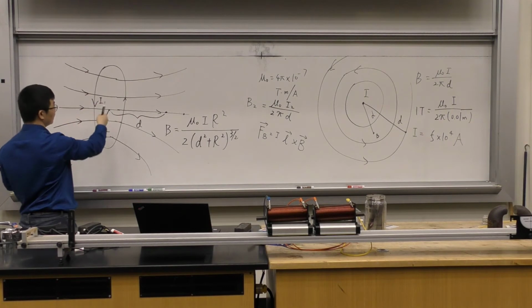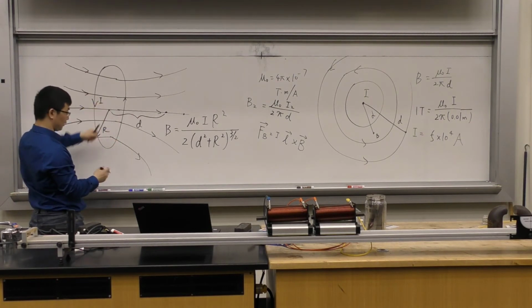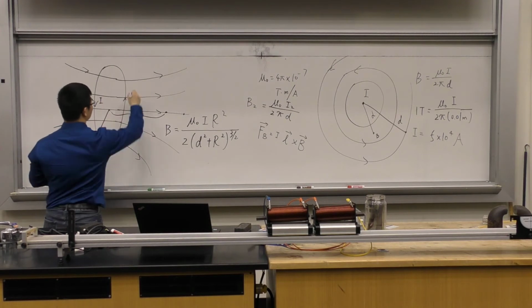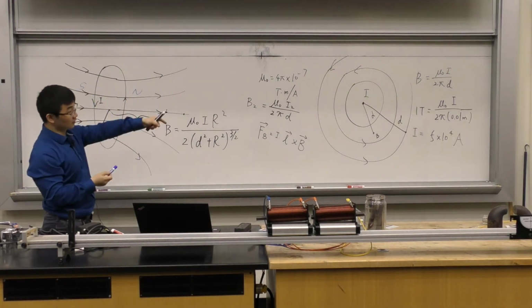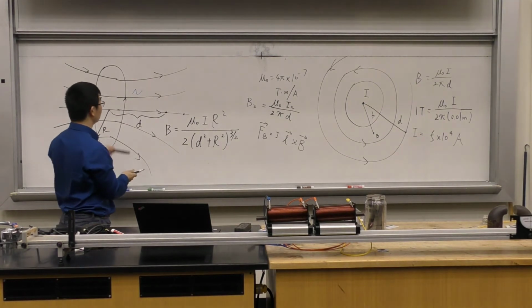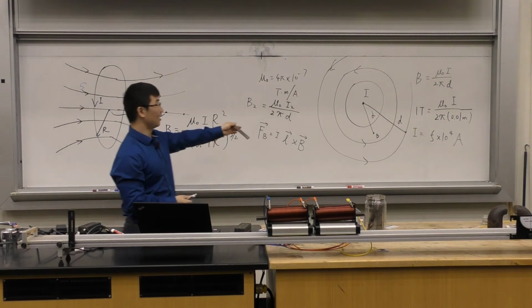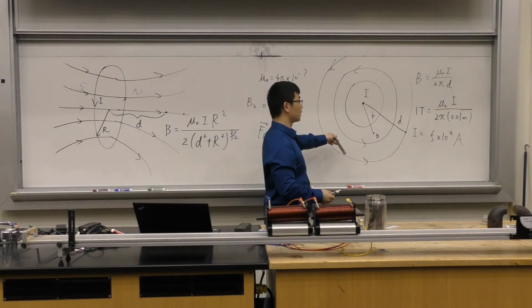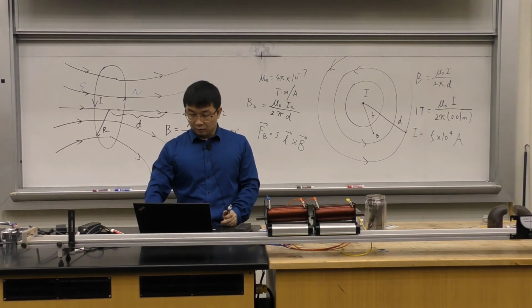So you can imagine a loop current as pretty much like a bar magnet. I would call this the north pole and this the south pole. So it's more intuitive than the straight wire, because it's very similar to a bar magnet with a north pole and south pole, while the straight wire doesn't really have a definite north or south pole. So that's the second special case we want to know.